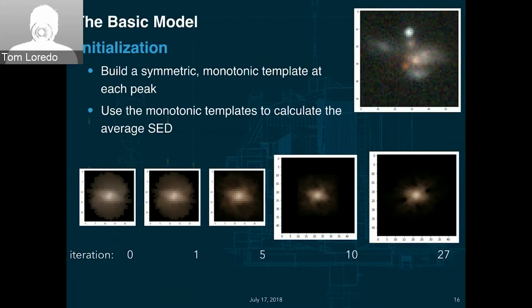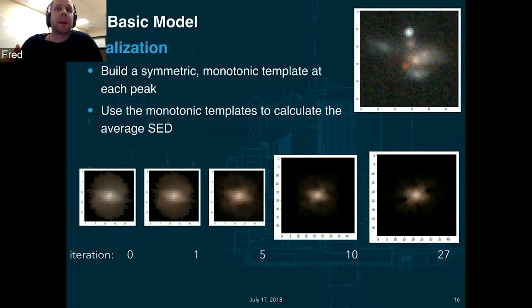Once the algorithm starts running, it's always going to be monotonic because there's only one morphology. Everything that's happening in the spatial dimension in terms of flux is only happening on the morphology. And so we constrain the SED and the morphology separately.